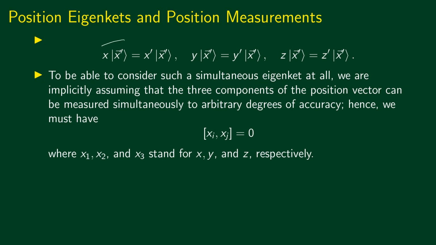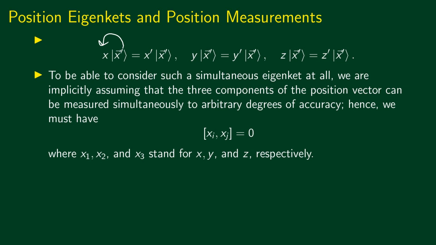X acting on ket x vector prime is equal to x prime multiplied by ket x vector prime. This ket is an eigenket of operator x, which is the x component of the position operator. And this is the y operator. Y acting on ket x vector prime gives you the corresponding eigenvalue y prime multiplied by ket x vector prime. Z acting on ket x vector prime gives z prime multiplied by ket x vector prime.